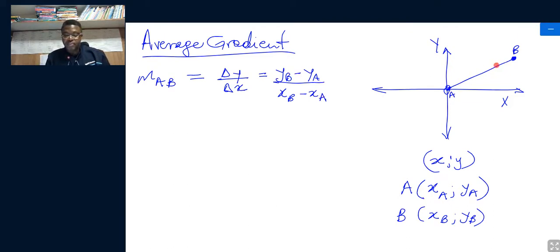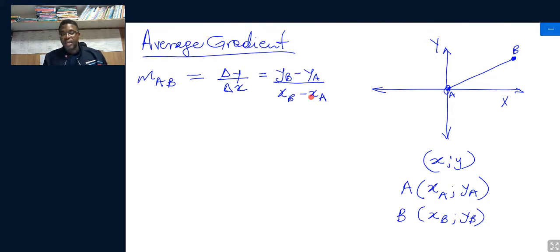Calculating a gradient is a simple, straightforward question. What if they give you the value of the gradient? Then you just change the equation, because if you are given the value of the gradient, it means they are asking you for one of the values, it could be ya or yb or xa or xb.